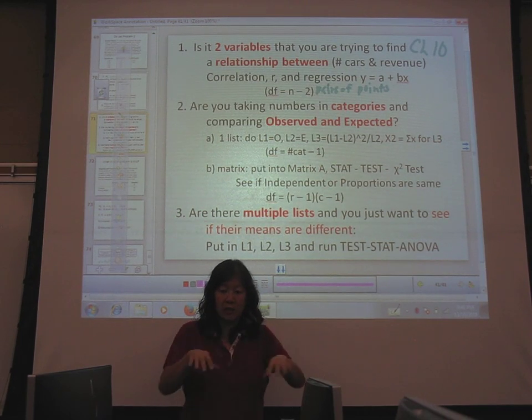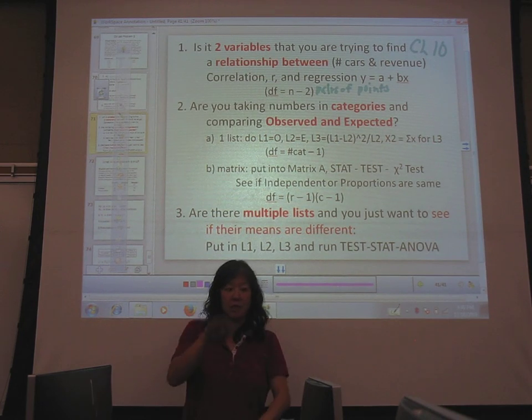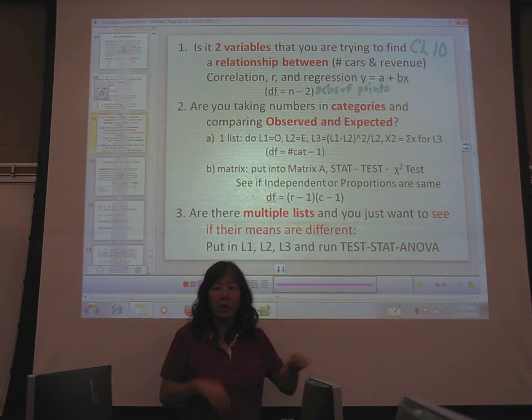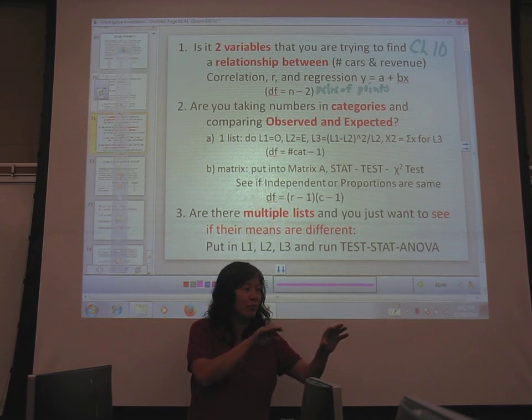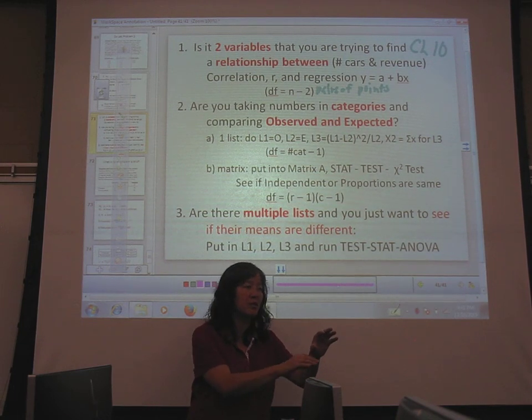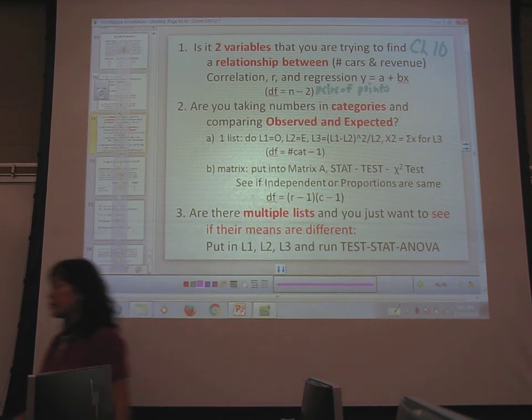That's not lists, it's just categories. If you have categories and lists, that's what we just did. If you have categories and just one number below each one for your observed, and maybe another line below to fill in your expecteds, that's the first one, 11.1.